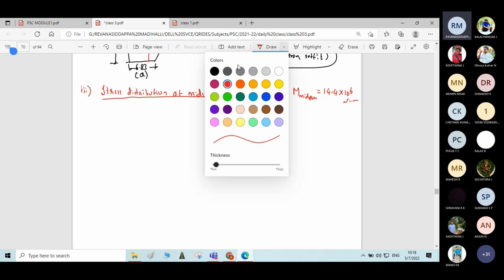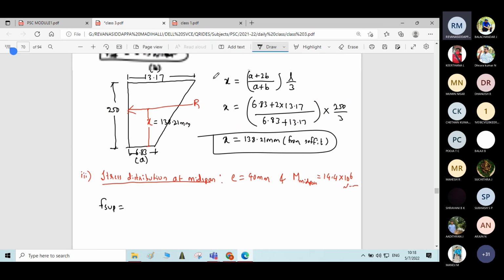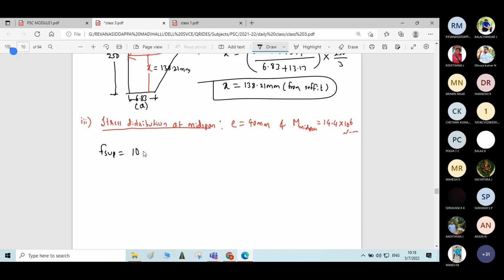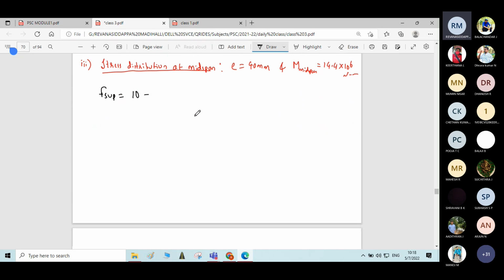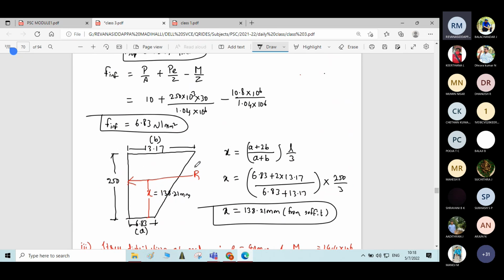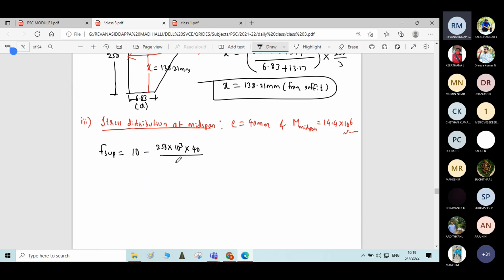Therefore F superior, the formula is same only: F superior is equal to P by A minus PE by Z. P by A is 10, minus PE by Z. Same terminology, except the eccentricity value. Force P is 250 into 10 power 3, into 40 divided by Z, 1.04 into 10 power 6.